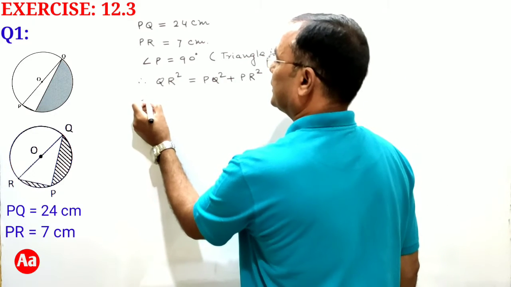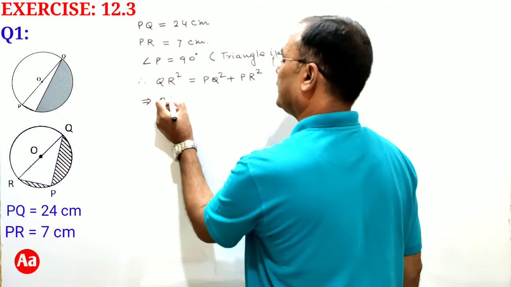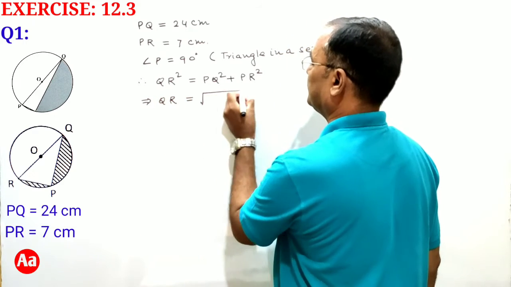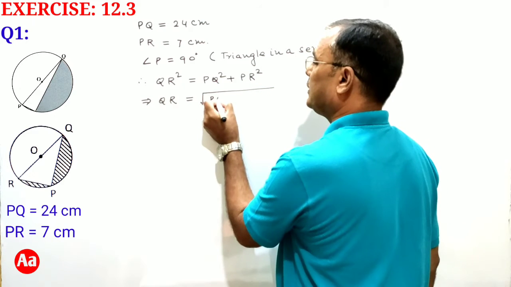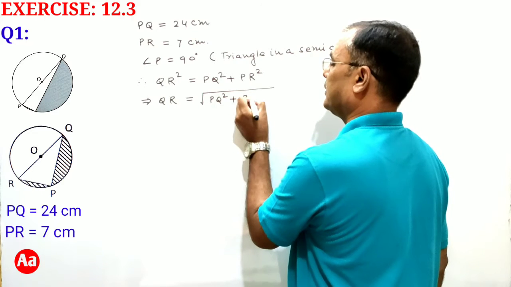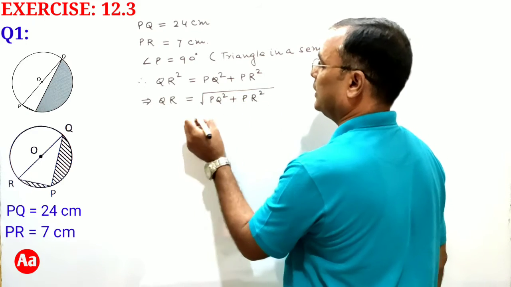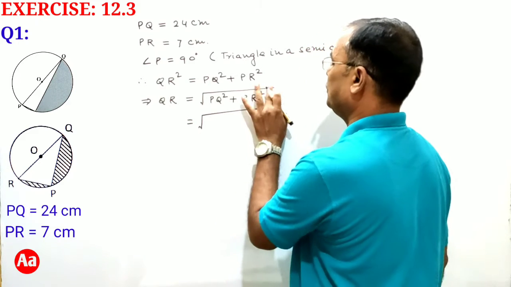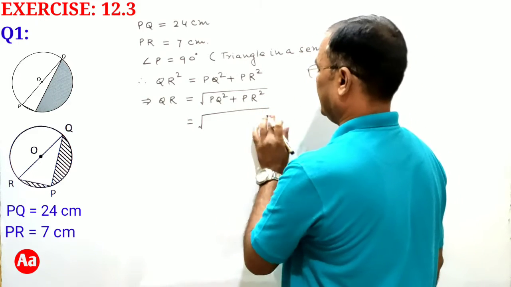This implies QR is equal to under root PQ square plus PR square. Let's put value of PQ and PR.